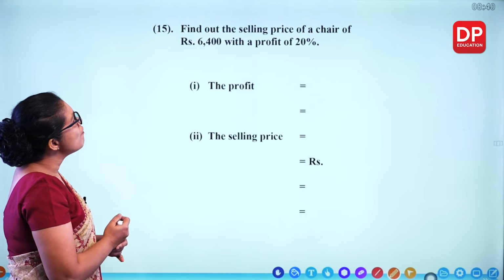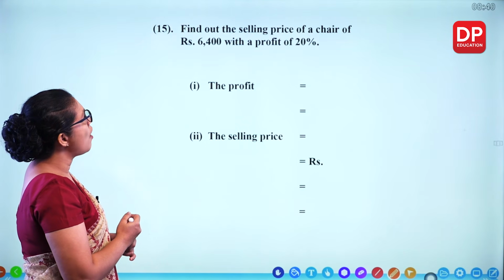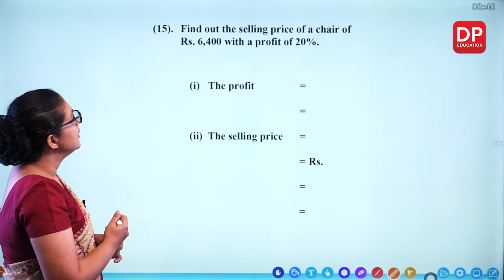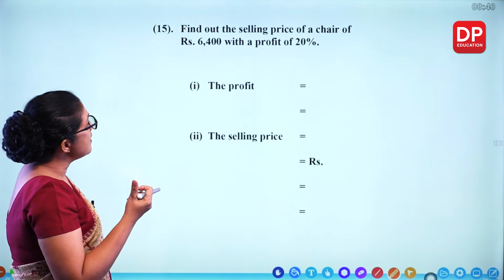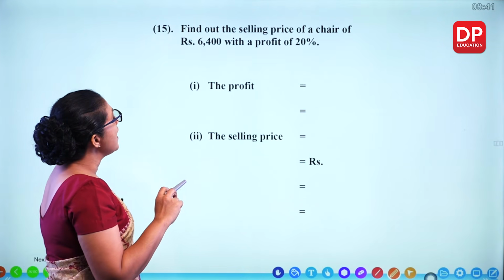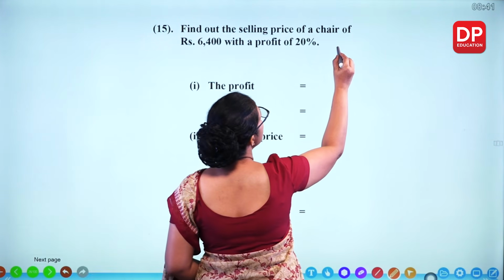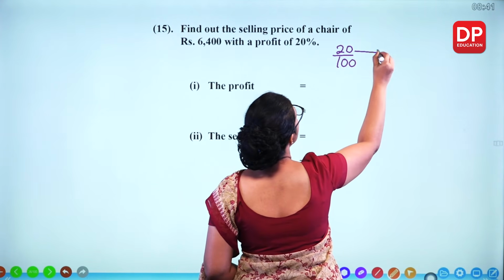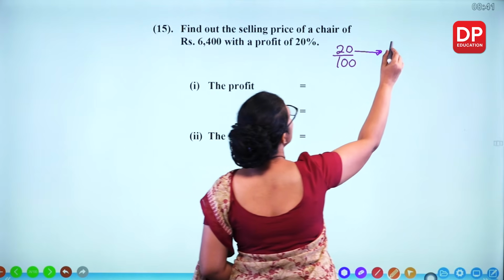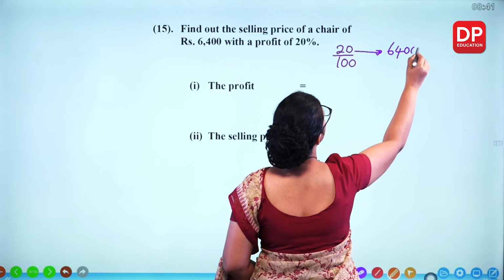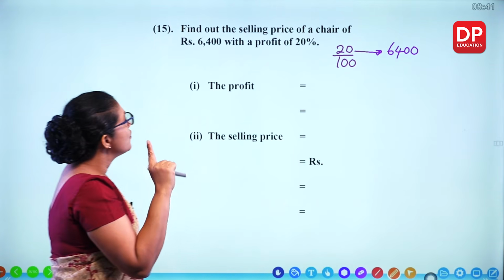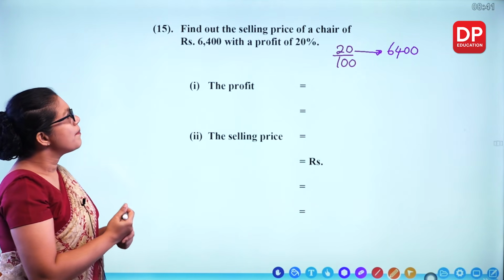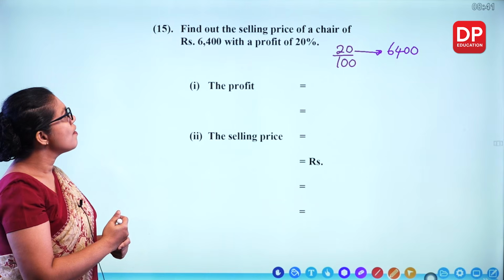Look at this one. Find out the selling price of a chair of 6,400 with a profit of 20%. Now, this is slightly different. So, you gain 20% profit when you sell it. So, what's the profit? So, 20% of 6,400.